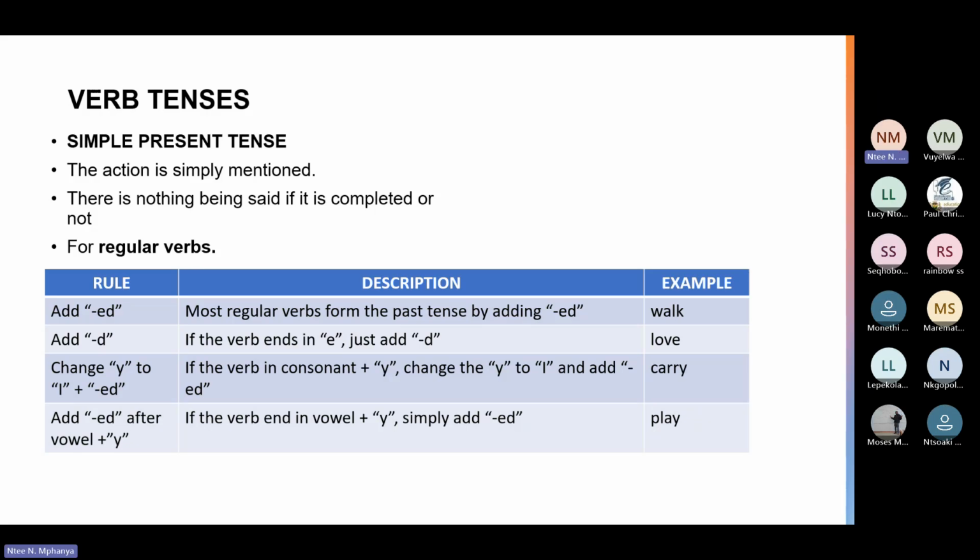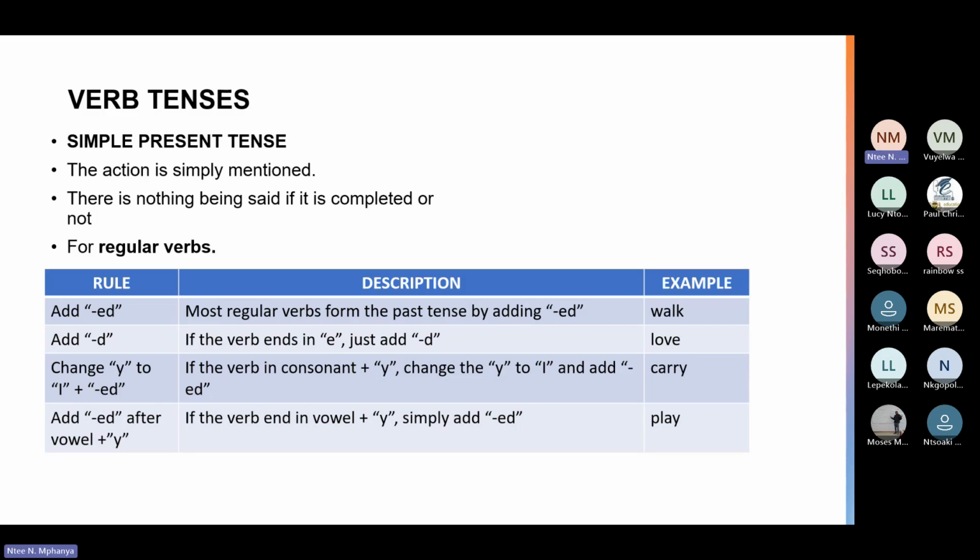Then, rule number 4, when the verb ends in a vowel plus y, you add the suffix ed after the vowel plus y. For example, we have play.